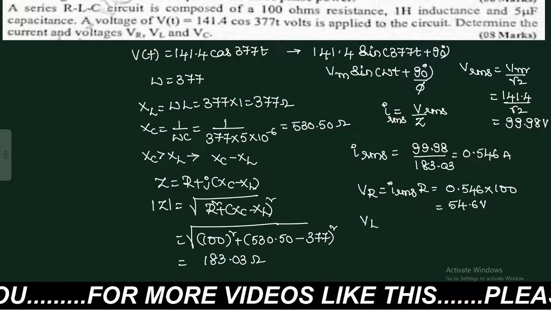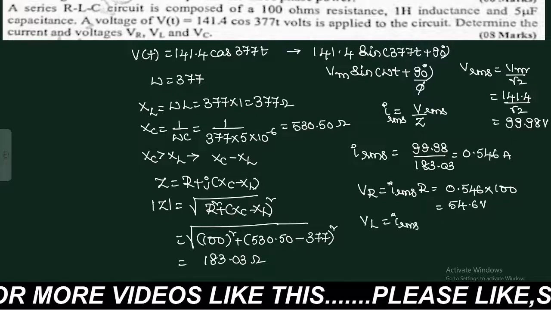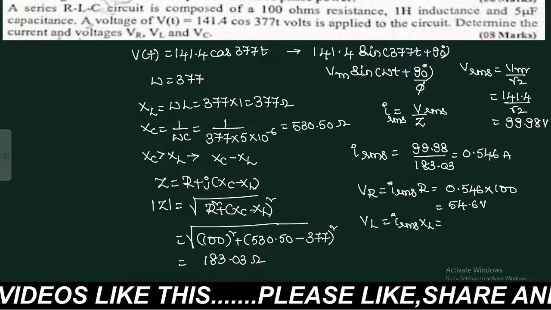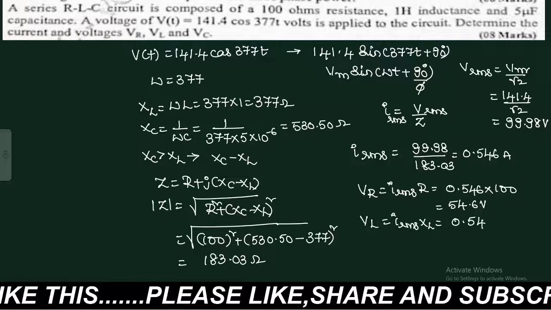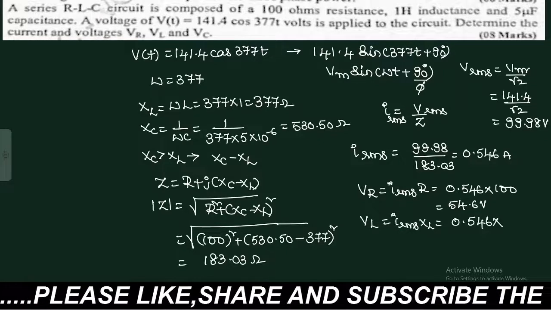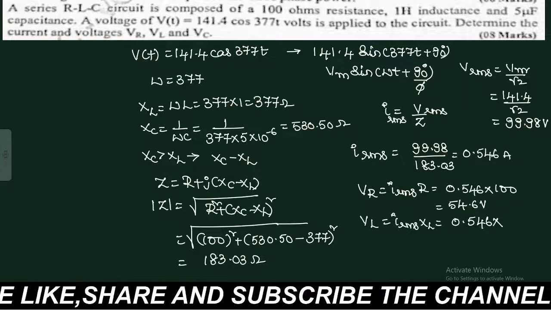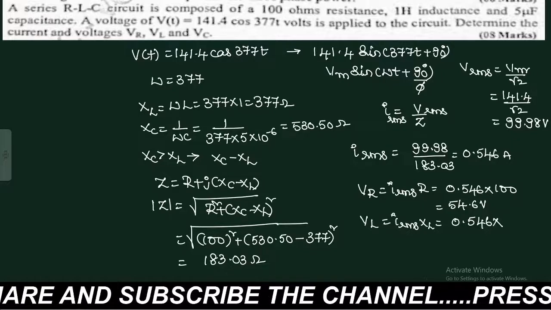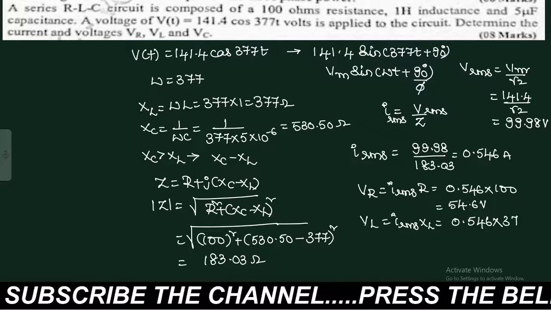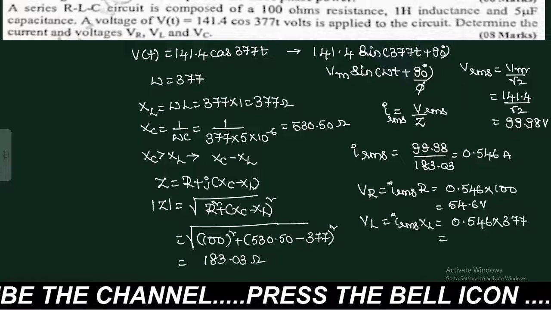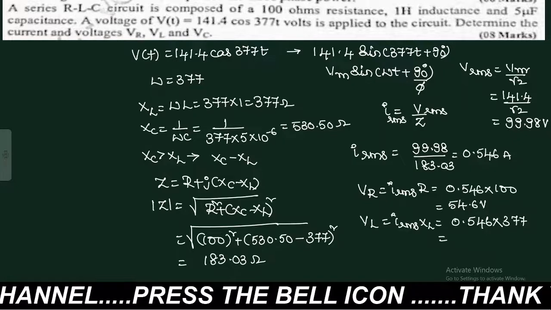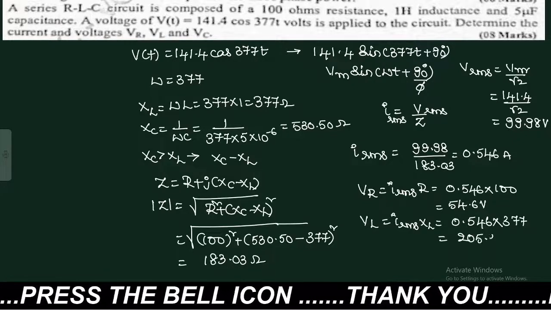Next, VL is equal to I RMS into XL, it is not L. So 0.546 into XL value, which we got as 377. If you multiply, you are going to get 205.84.